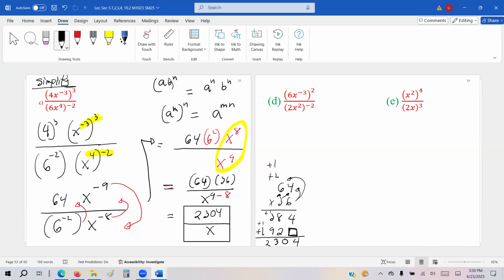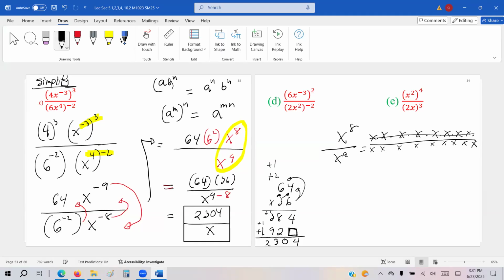When you do the subtracting the x8 x9, you get rid of the top x, right? For example, x to the 8 over x to the 9. So 1, 2, 3, 4, 5, 6, 7, 8. 8 of them on the top. And you have 1, 2, 3, 4, 5, 6, 7, 8, 9 of them on the bottom.